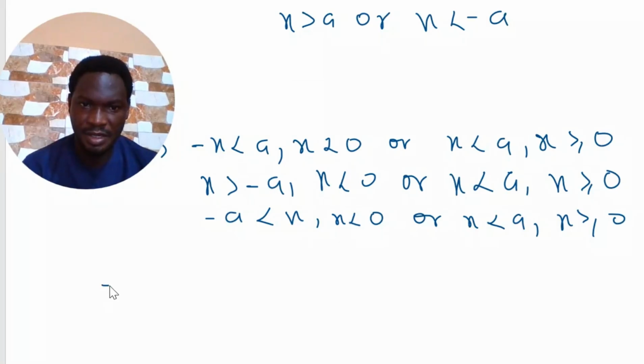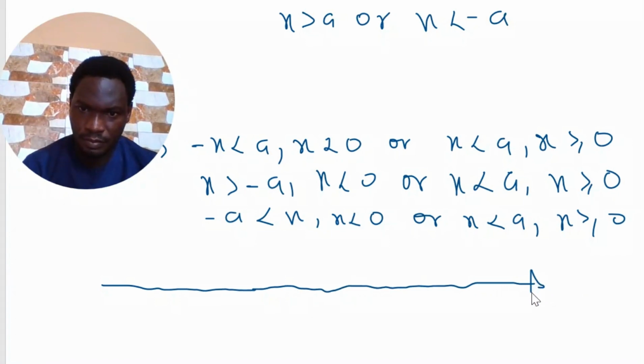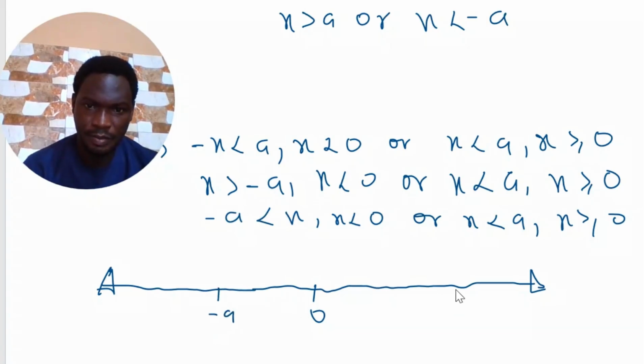So let's have the number line. Here, so x greater than minus a, so let's have minus a, then a. So for this interval, x is less than 0, x is greater than minus a.